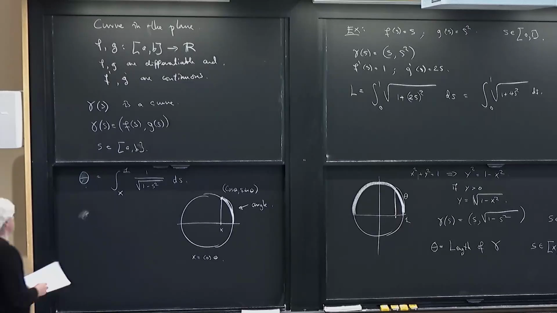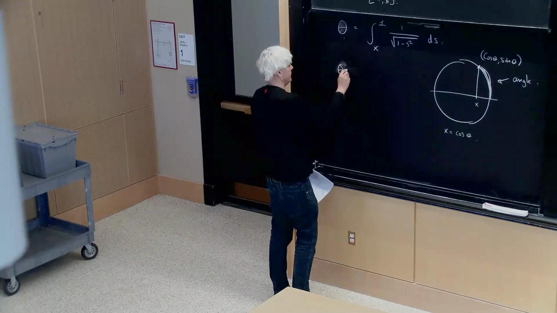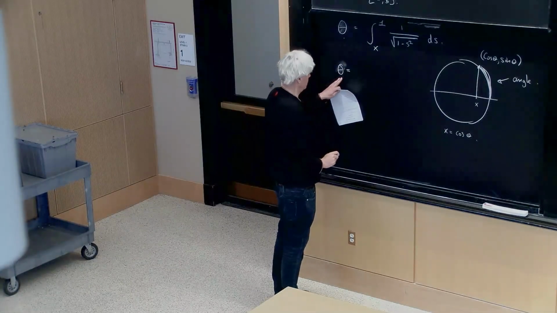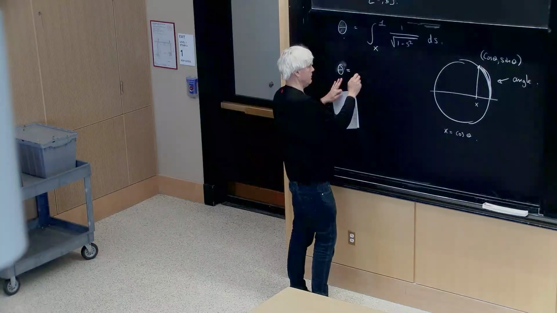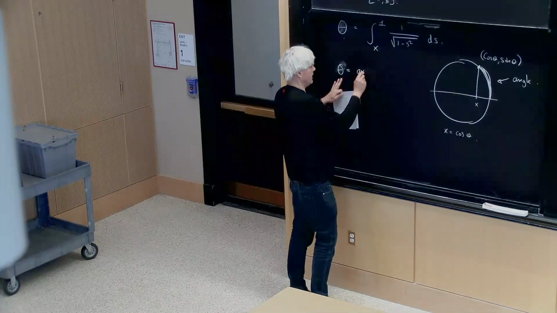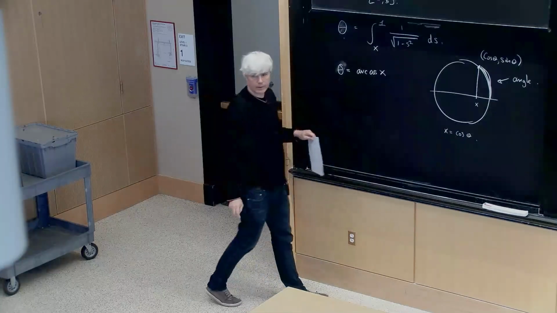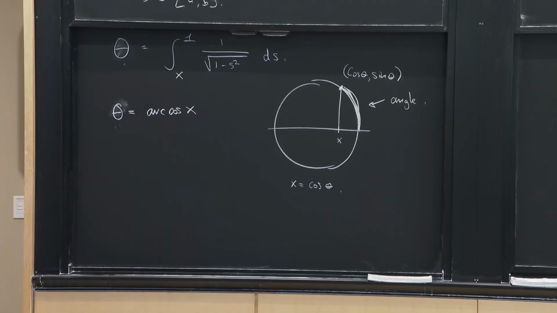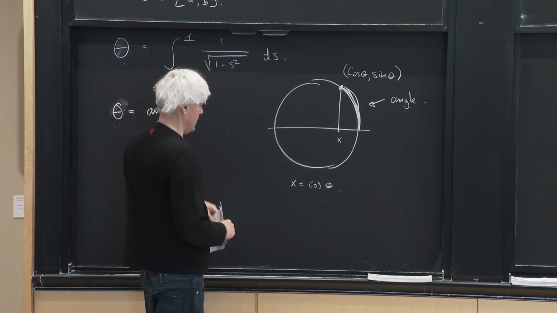So this means that theta, in terms of x, is the inverse function, what's called arc cosine of x. So arc cosine means that it's the inverse function.